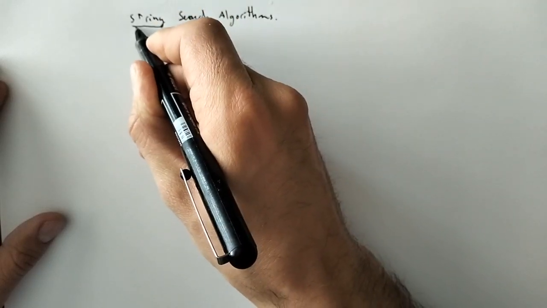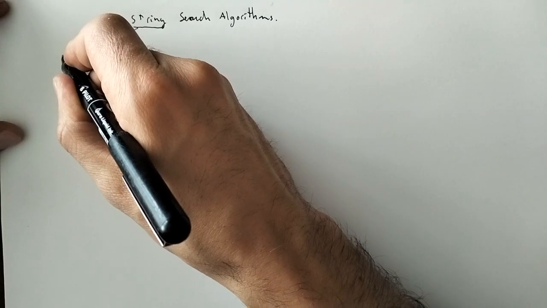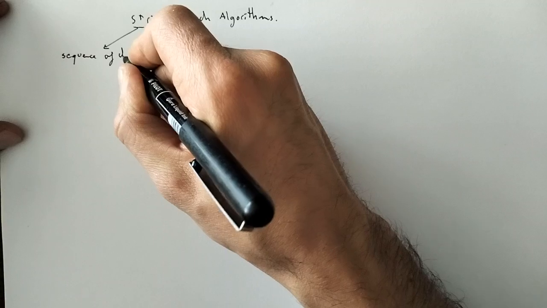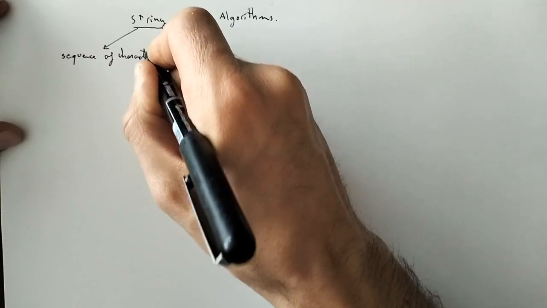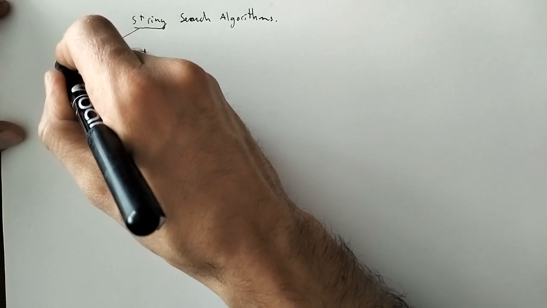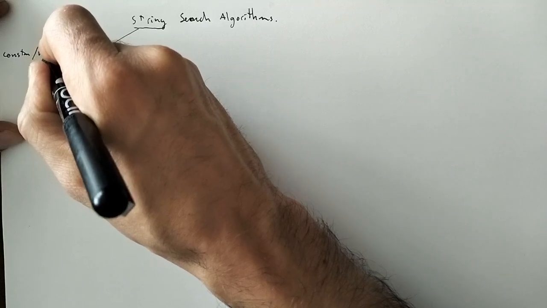What are strings? A string can be defined as a sequence of characters, and it can be a constant or a variable.